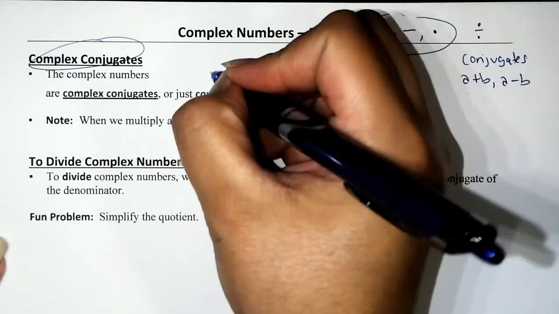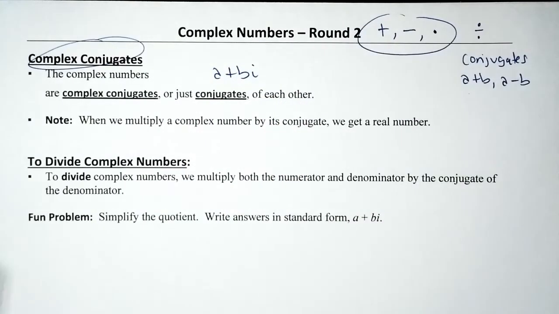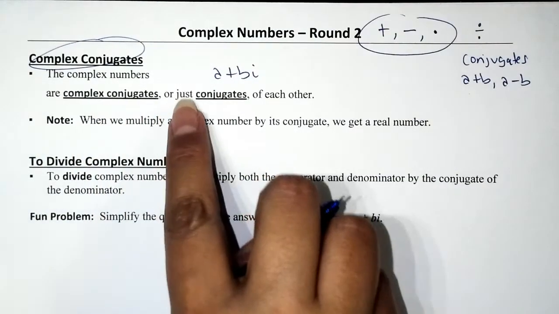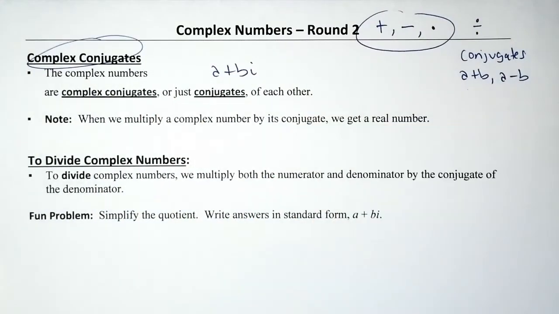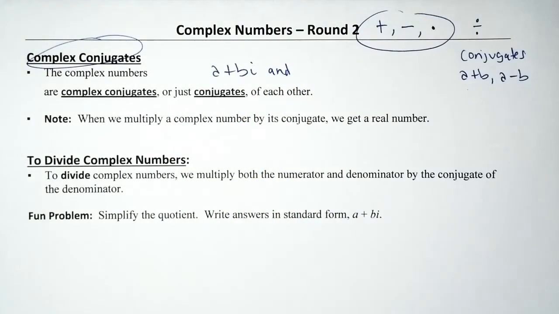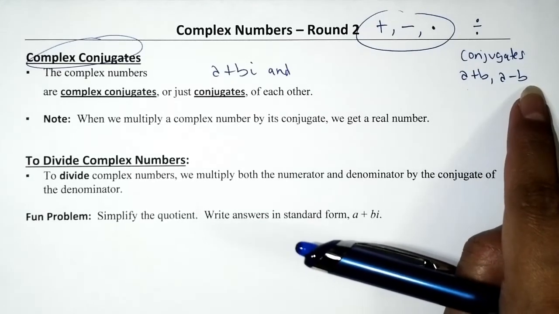So if I have a complex number of the form a plus bi, then what would be the complex conjugate? I'm like, conjugate, copy opposite.